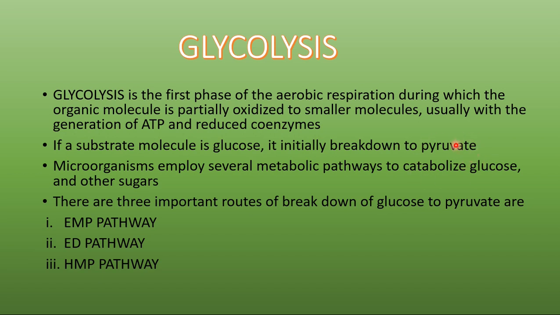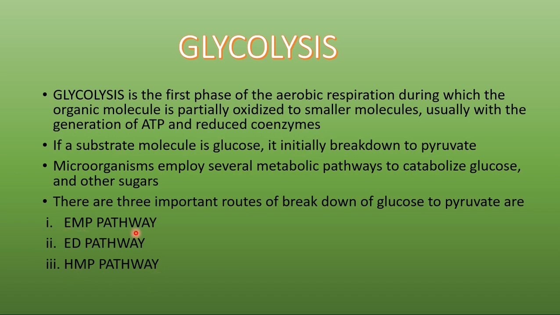Microorganisms employ several metabolic pathways to catabolize glucose and other sugars, and there are three important routes of breakdown of glucose to pyruvate: the EMP pathway, the ED pathway, and the HMP pathway. EMP, you know very well.